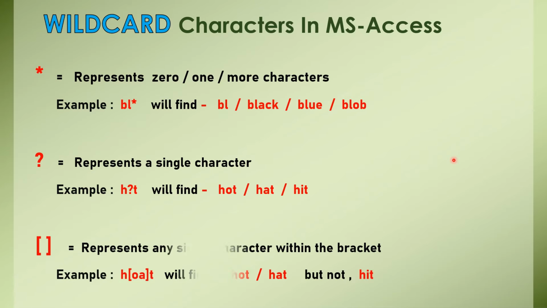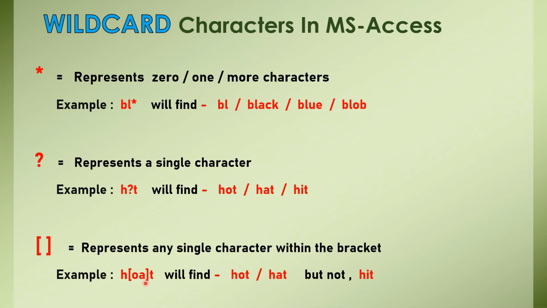So the next wildcard character is the brackets. It represents any single character within the bracket. Whatever characters you write within the bracket, it can represent anything between those characters only. Suppose you write H[OA]T.